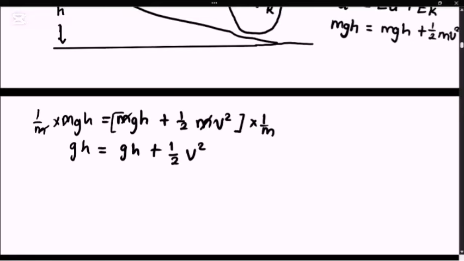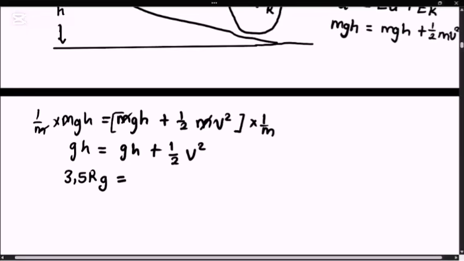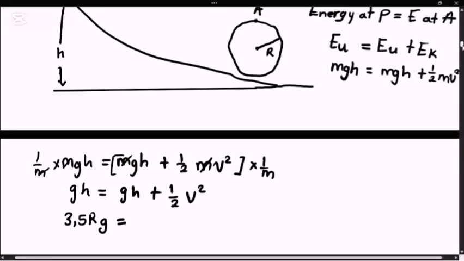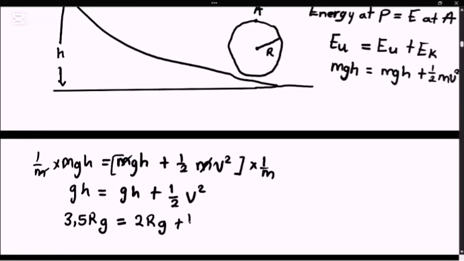Substituting my height at point P, I will have 3.5rg. Then, again, I have to substitute my height at point A. Point A is actually twice r, because we are given that the radius of the circle is r. So moving from the ground to the center, it's r, and from the center to point A, it's another r, which will be 2rg plus 1 over 2 v squared.